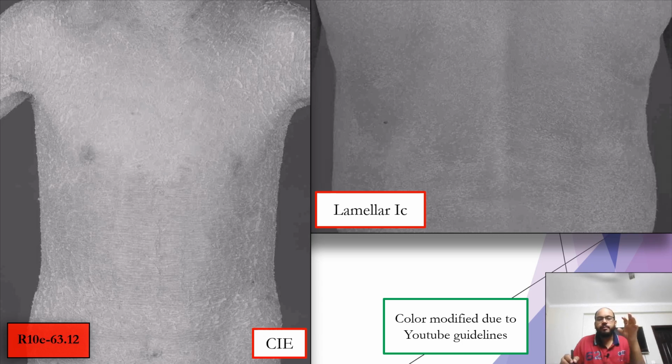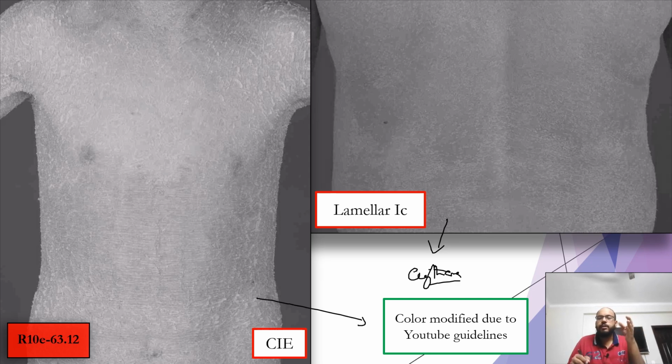So this is to compare lamellar ichthyosis and congenital ichthyosiform erythroderma, to show that lamellar ichthyosis in initial stages can have erythema. So it's not like erythema is absent, but here the mutation might be in a different protein, a different gene, and that is why you can have a component of erythema, and you can have insufficient scaling in congenital ichthyosiform erythroderma also.